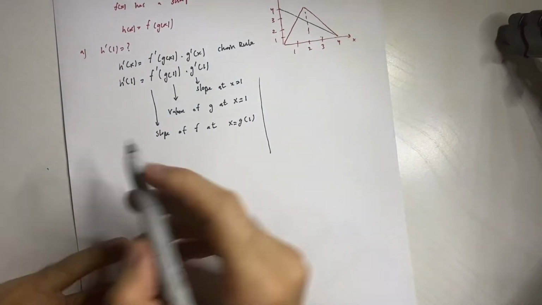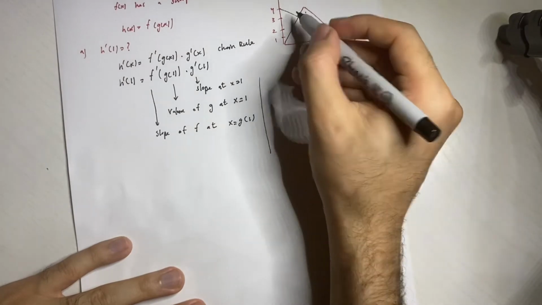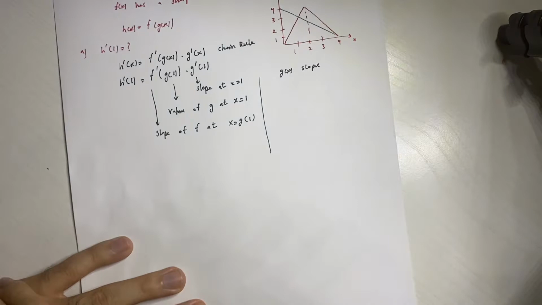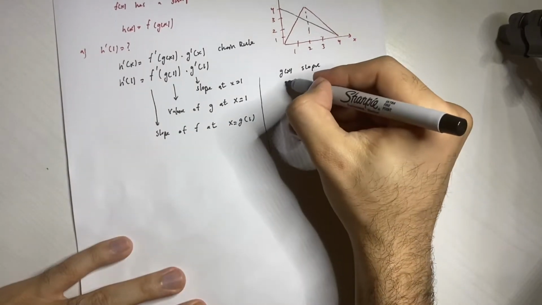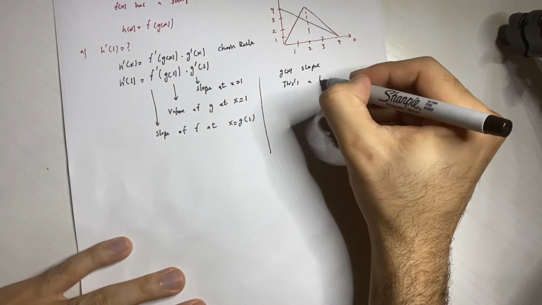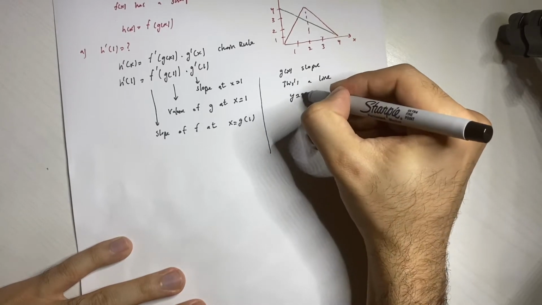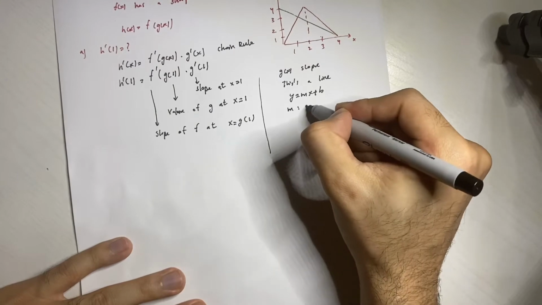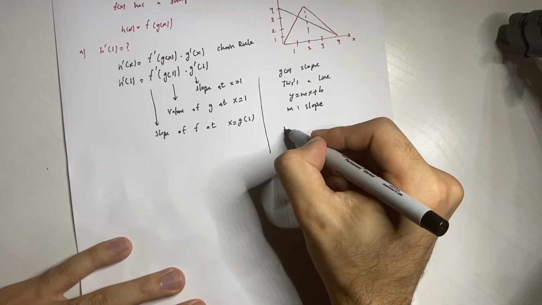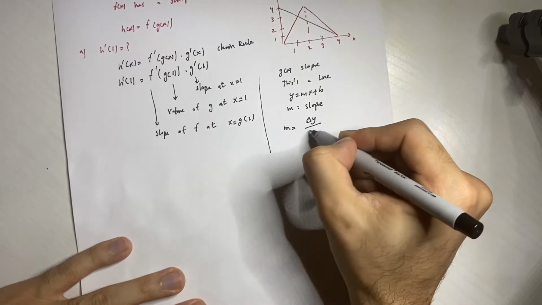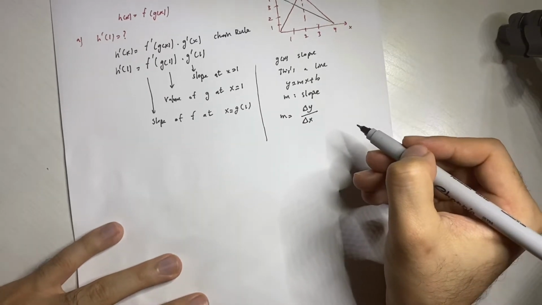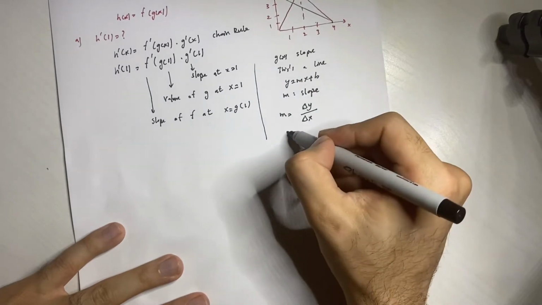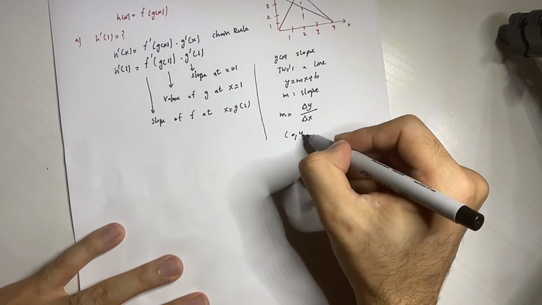So now g prime will be the derivative of g, and g prime is the slope. So you can see g of x is just a line, so it can be in the form of the linear equation, and g prime will be just the slope, which is m from the linear equation. To find that, this is just change in y over change in x, so we have to pick 2 points in here.